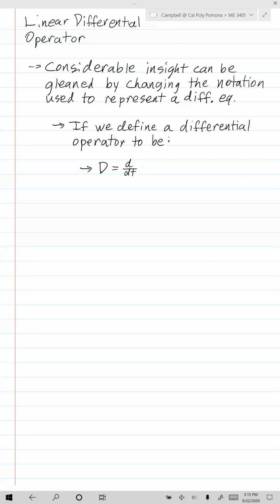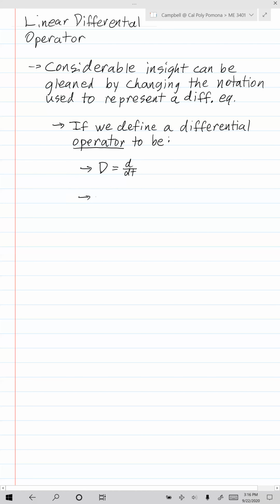And so instead of writing this more formal longhand differential notation, we use this other differential notation, specifically a differential operator representing that we're taking the derivative of something.